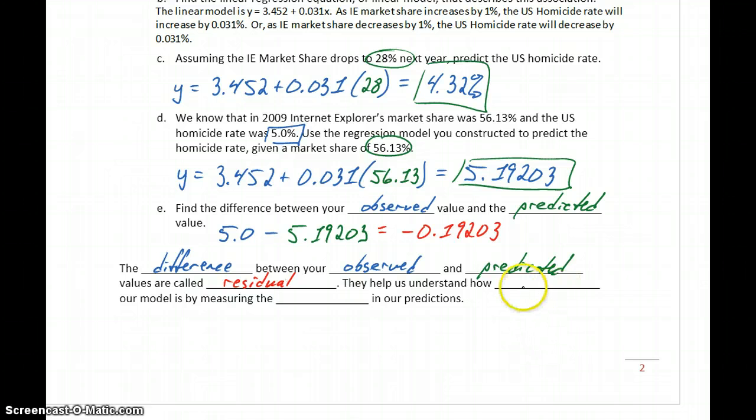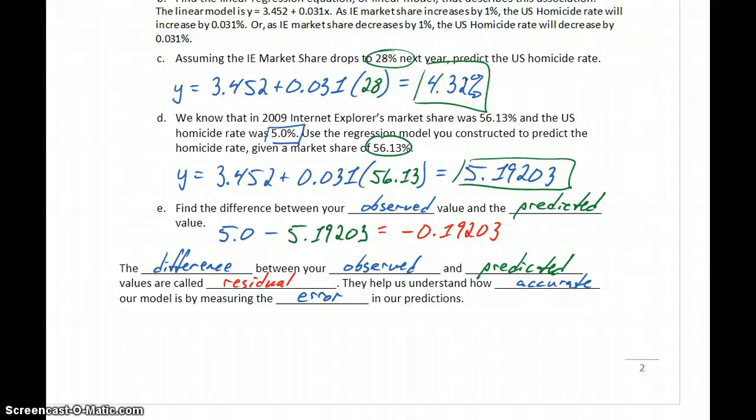Those residuals help us understand how accurate our model is by measuring the error in our prediction. In this case, our error is relatively small. There's not much difference between this known value and the predicted value, meaning it seems like we have a pretty good model, a good fit for that data, and this future prediction of 4.32% for the homicide rate is likely to be pretty accurate.